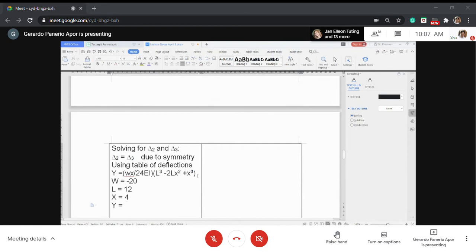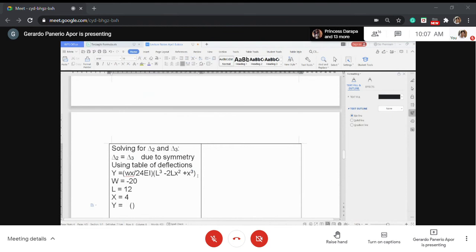Now, the second parenthesis. You have 12 times 12 times 12 plus x, which is 4, minus 2 times 12 times 16.